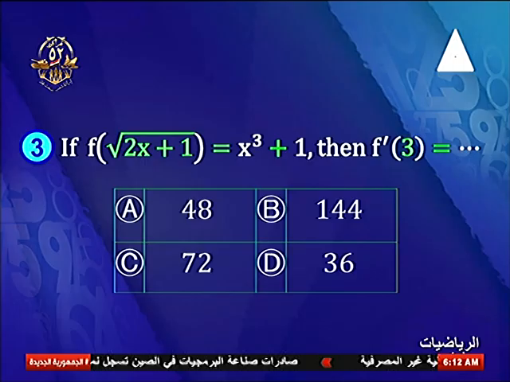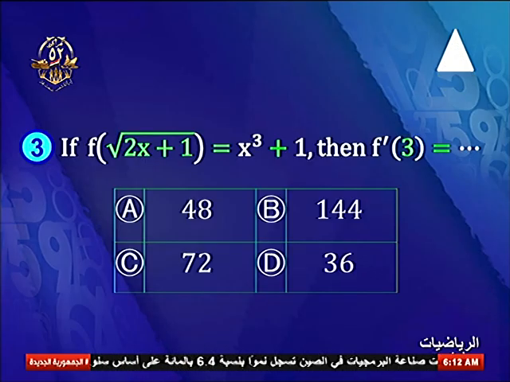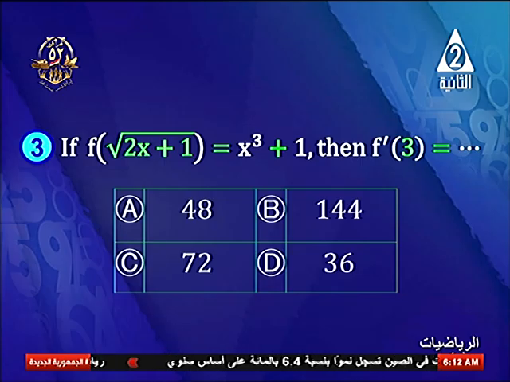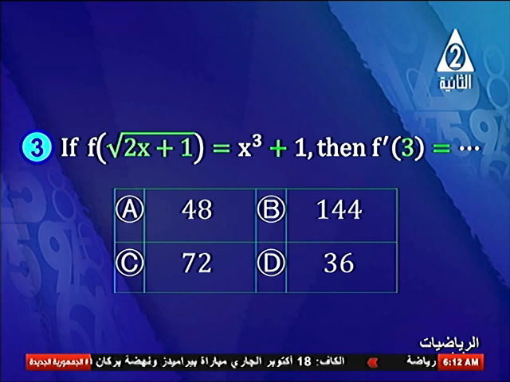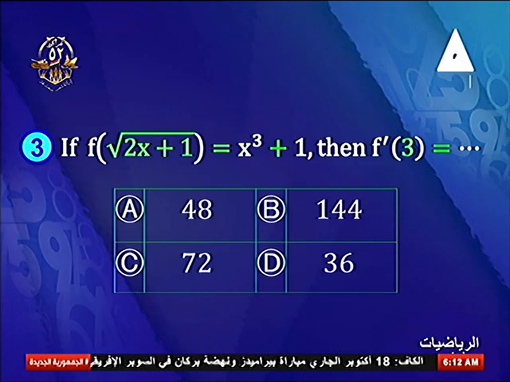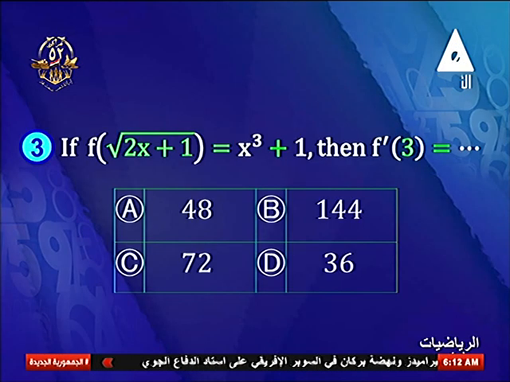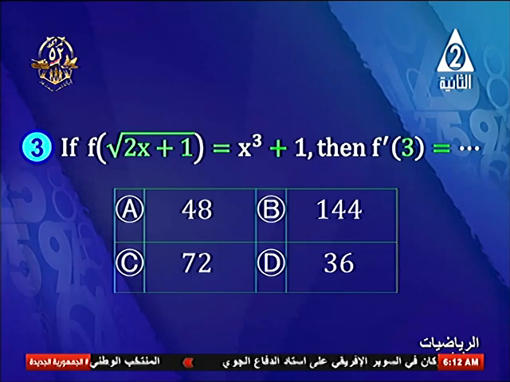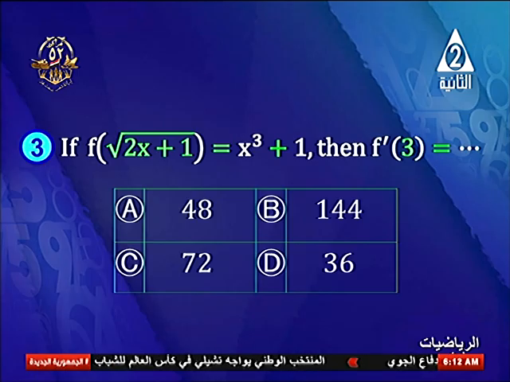What is the derivative? 1 over square root 2x plus 1 multiplied by 2 in the numerator. What is the derivative of x power 3? 3x squared. By putting 2x plus 1 equals 3, then 2x equals 2, then x equals 1.